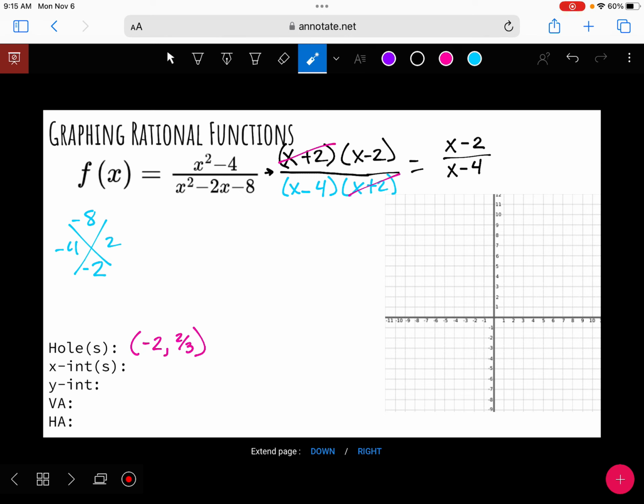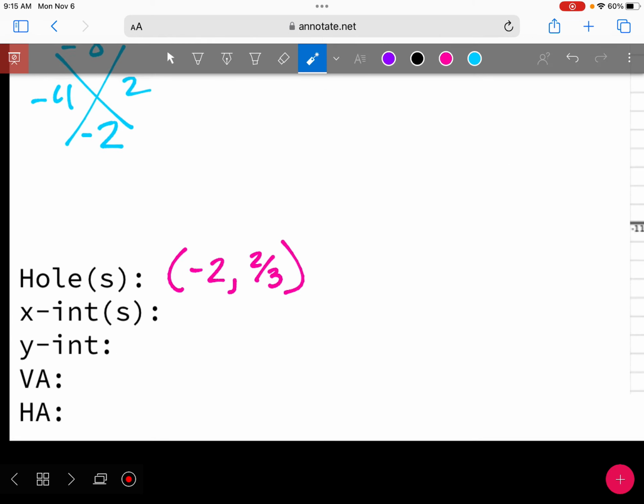Our x-intercepts are the remaining solutions to the numerator. So what remaining solution do we have? Positive 2, 0 is going to be an x-intercept. It's the solution in the numerator.